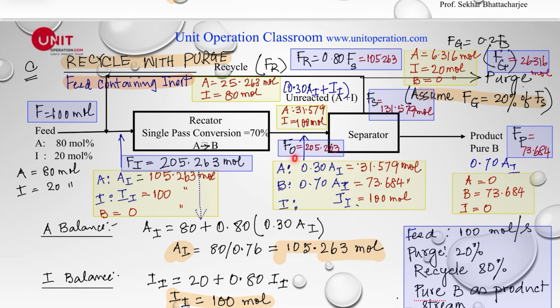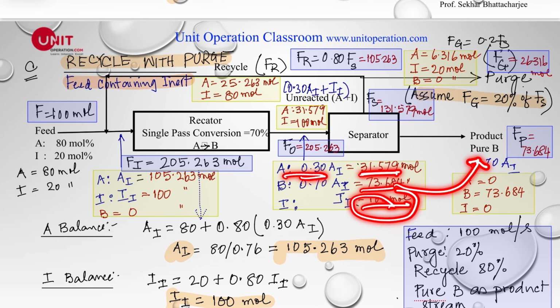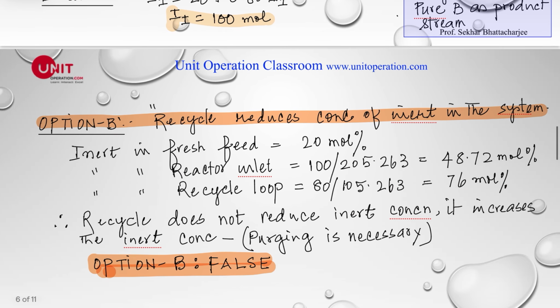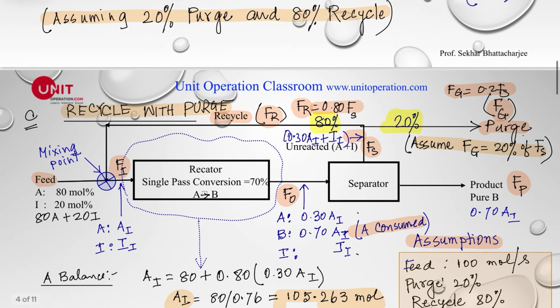So here, if we do the calculation, A is 0.30 of A_I, which is this value, and B and C. So this B comes right here, and this A, 100 moles and 31.5, goes right here. Out of that, 80% comes here and 20% goes here. So these are my calculations. Now let's look at option B. What was option B?